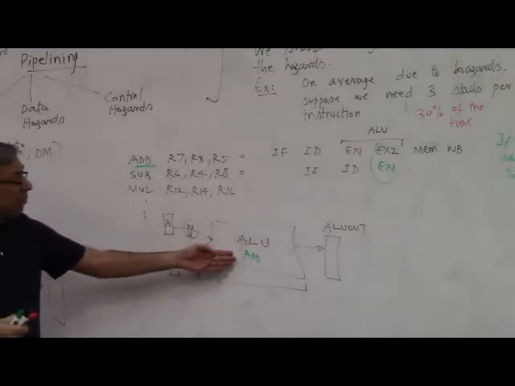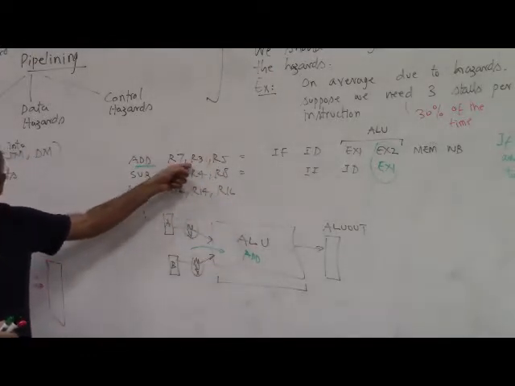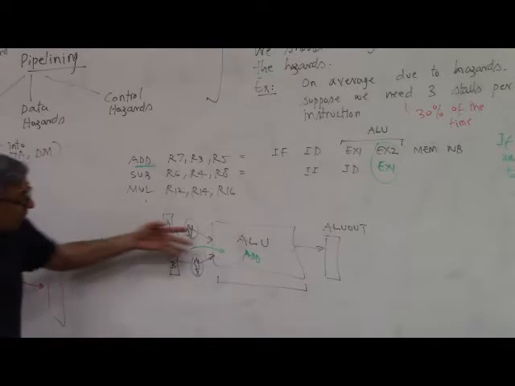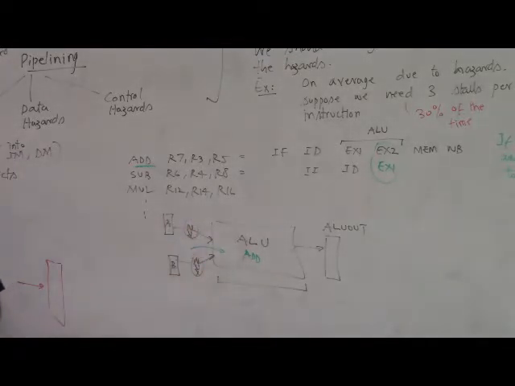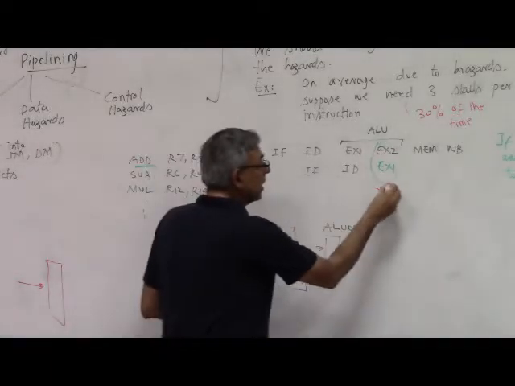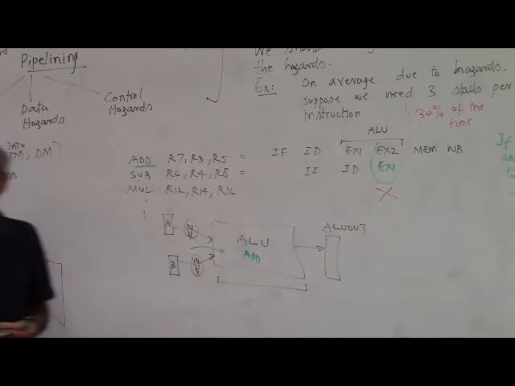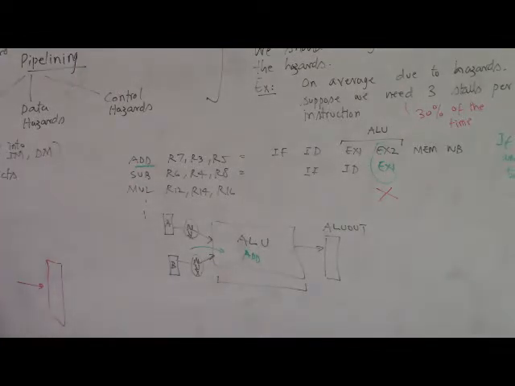So we'll end up disturbing the result of the add instruction if we also change the data on the input of the ALU and make it according to the subtract. So this cannot be done because the ALU is still not done yet.